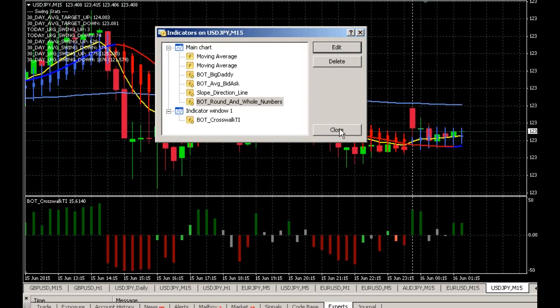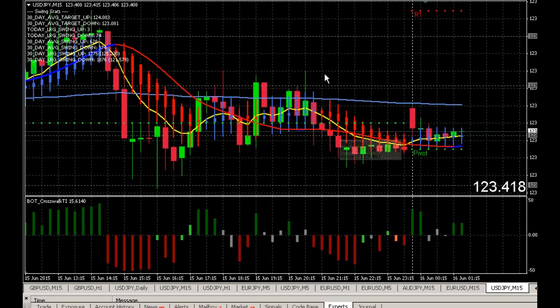Don't worry about doing anything. Just click OK and just close. And the round and whole numbers will appear on your chart. There appears to be some type of glitch with the caching inside of MT4, and I've just noticed when we were releasing our prior indicators like the green arrow, that sometimes you have to refresh the chart before these lines for the round numbers show up.